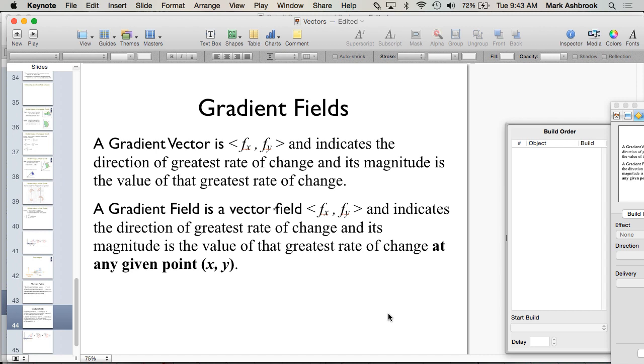So we just take what we had before as a gradient vector, and we make a function out of it. Right? Now just say, let your independent variable be any location, and then the dependent value, like in a vector field, would be the vector at that point, and specifically the gradient vector.